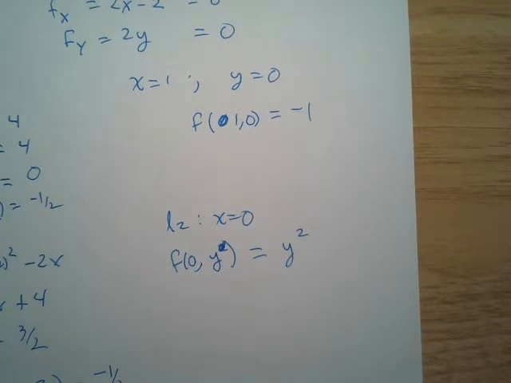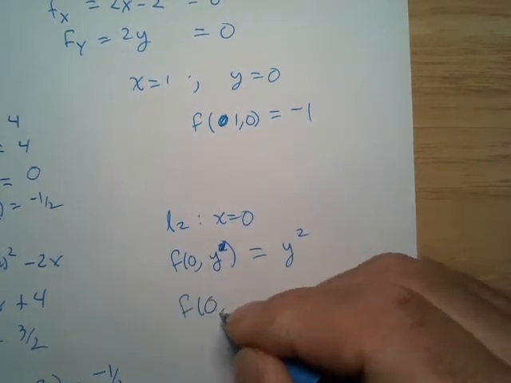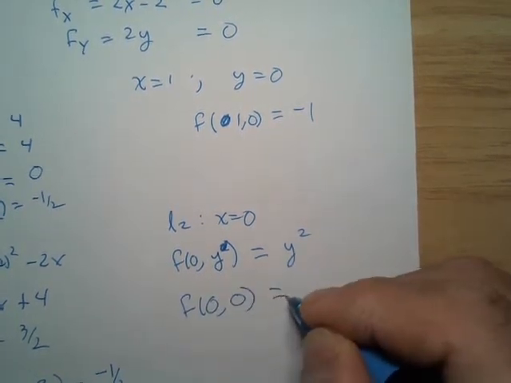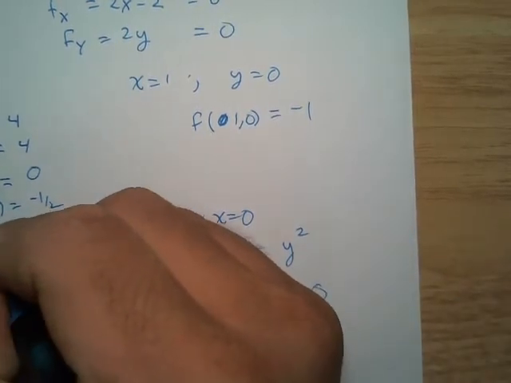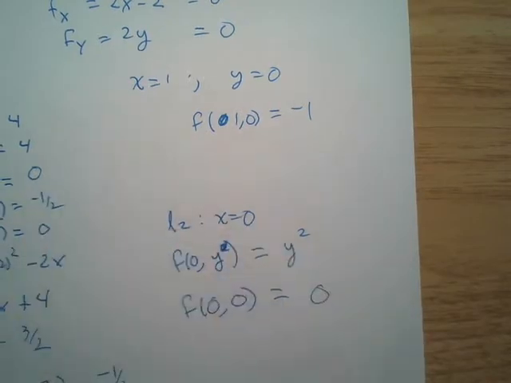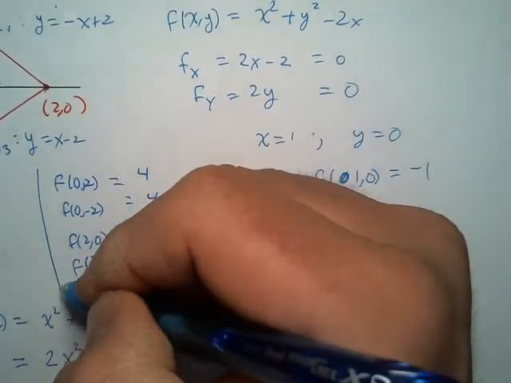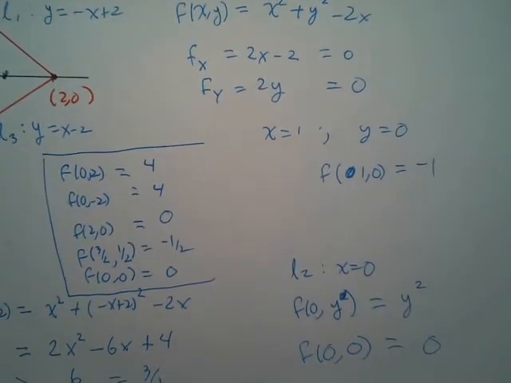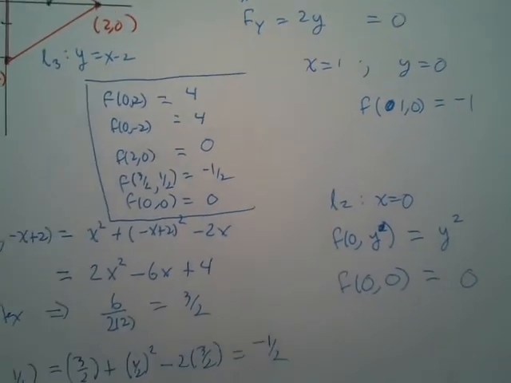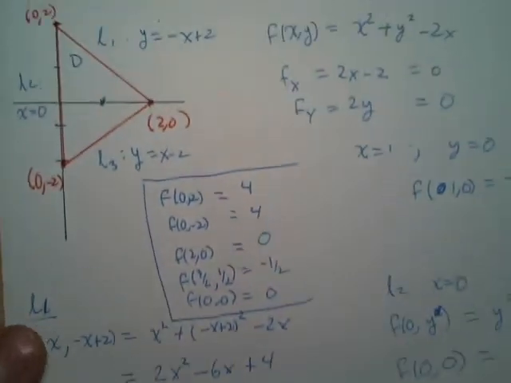So the vertex occurs at y equals 0, and f of (0, 0) is equal to 0. I'll add that to my growing list of possible absolute max or min. And then we move on to the third boundary.